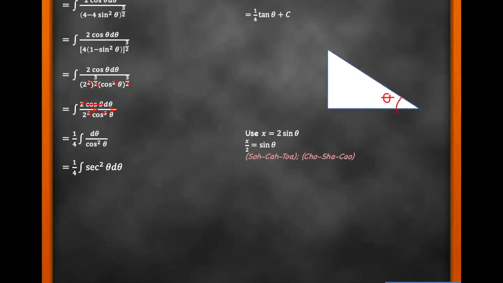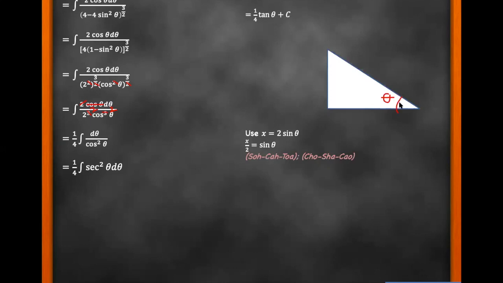So we use the substitution x equal to 2 sine theta from the beginning, and dividing both sides by 2, we can clearly say that sine theta is equal to x over 2. Now we draw the triangle, and of course we need to recall the principle of SOHCAHTOA. So draw the right triangle so that our theta is here.